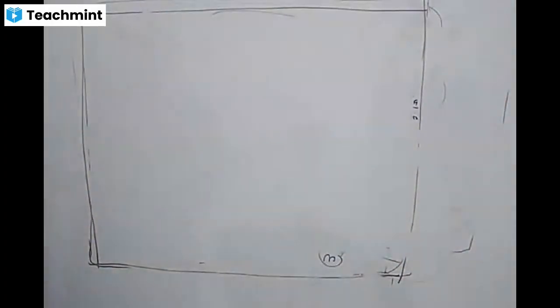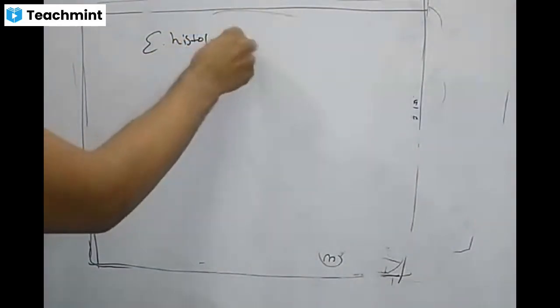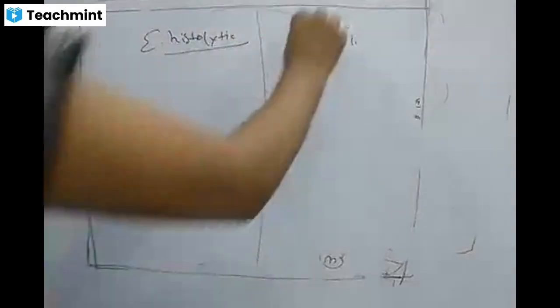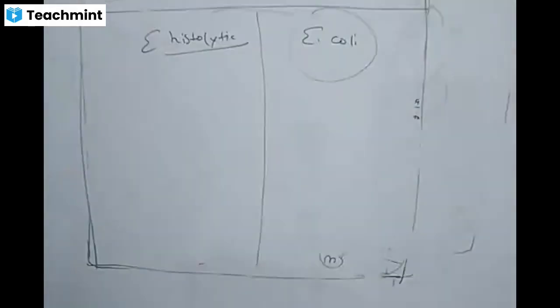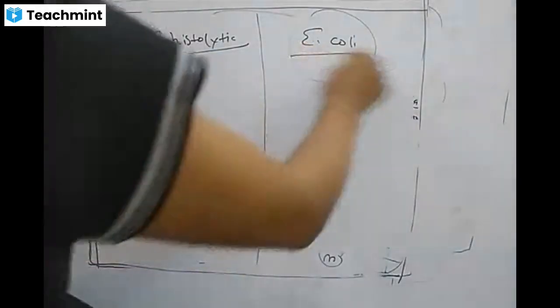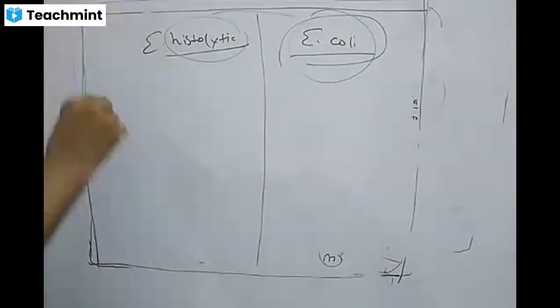Only two differences are there. Normally, we differentiate our histolytica from Entamoeba coli because this is the normal flora. Gingivalis is mostly not found in the large intestine. So only two differences.